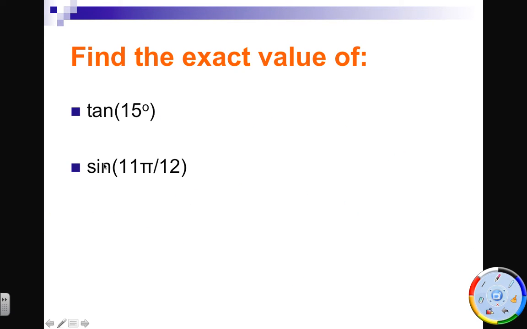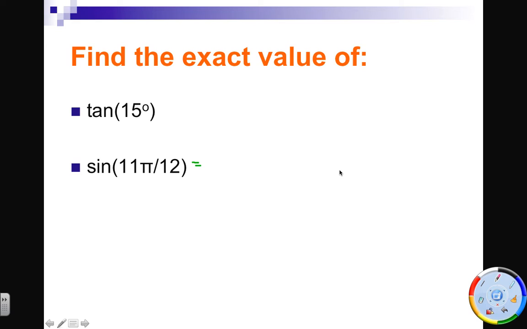All right, what about sine of 11 pi twelfths? Well, I know 11 is 5 plus 6, so let's hope that makes a little bit of sense here. It's sine of 5 pi twelfths plus 6 pi twelfths. No, that doesn't help at all. Darn, 5 pi twelfths just doesn't work.